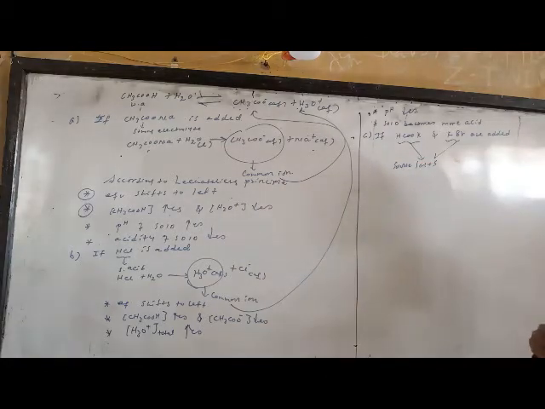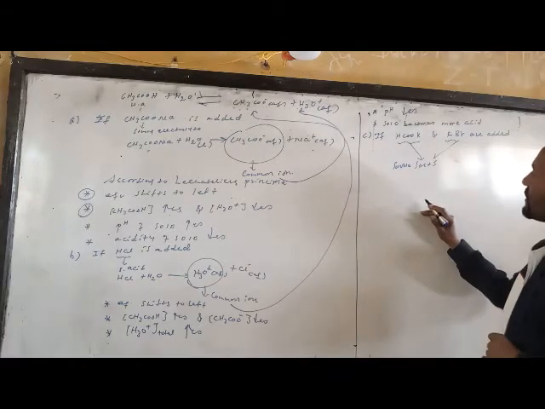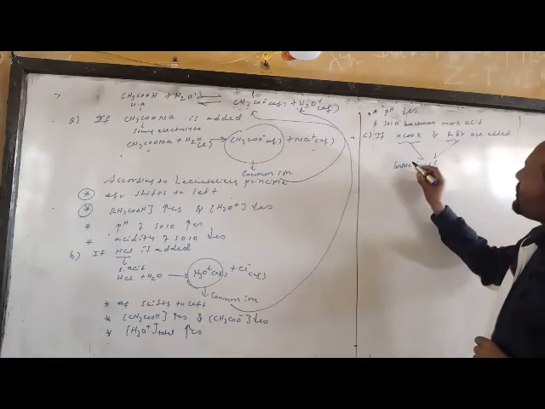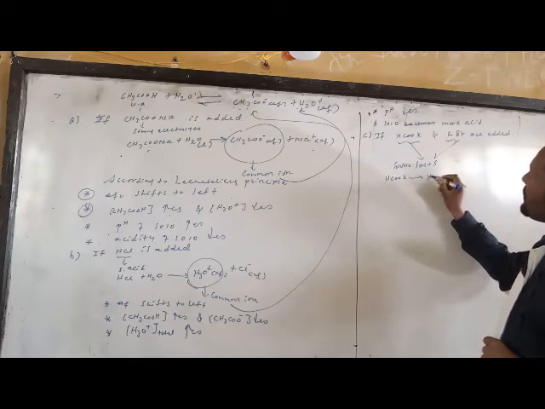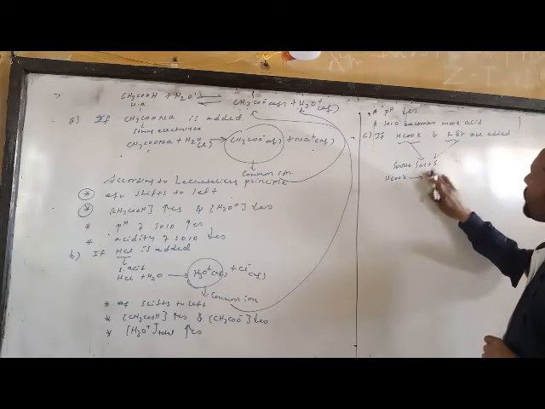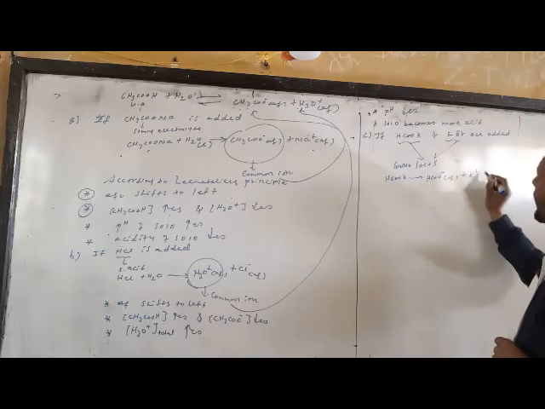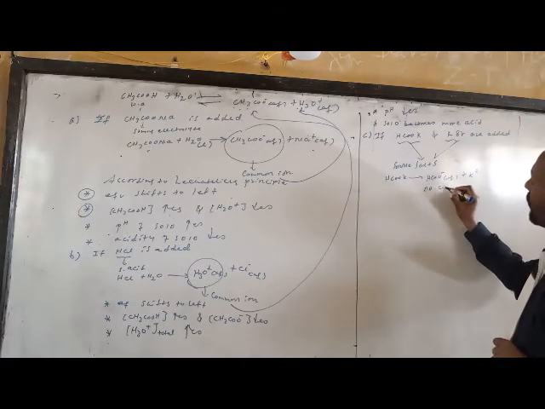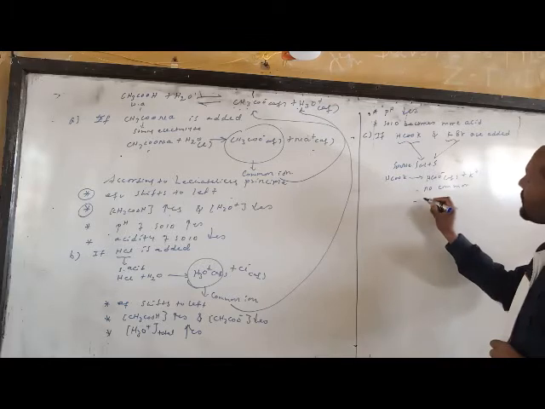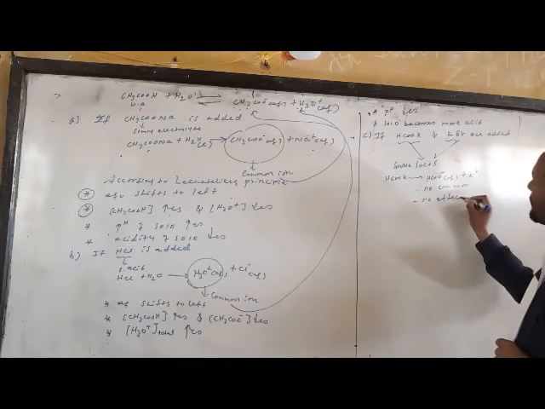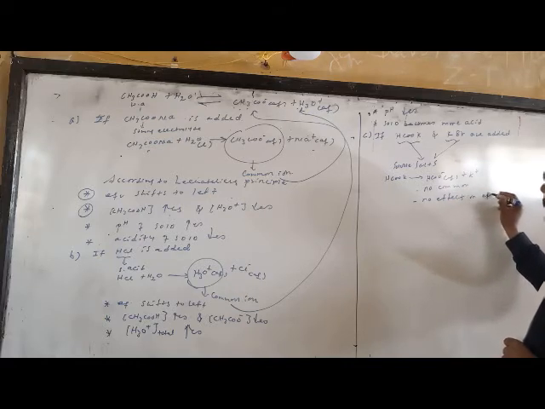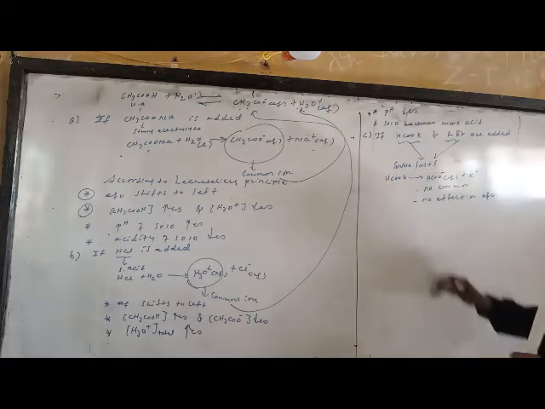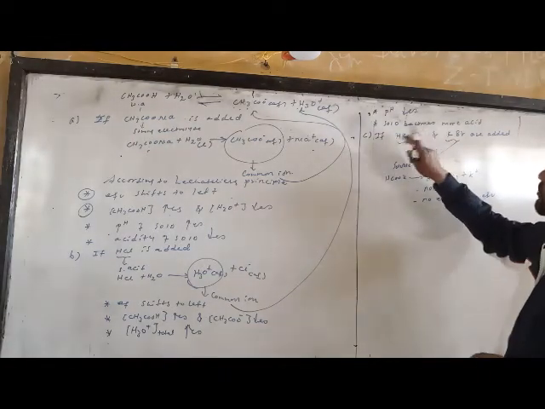These soluble salts can produce, in the first case, the potassium formate produces formate ion, aqueous, and potassium ion. So no common ion and no effect. No effect on equilibrium in this case.